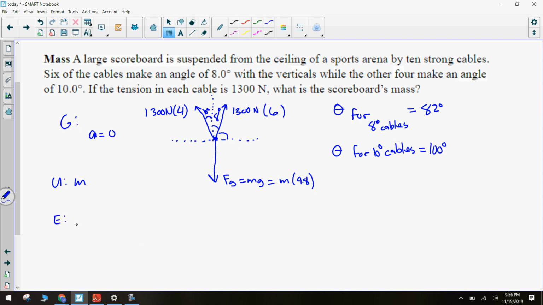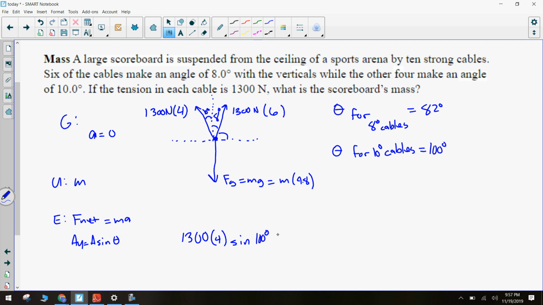Our equation is going to be F net is equal to ma. And what we have going up, we have 1,300. Sorry. I should probably give you the equation: Fy is equal to F sine theta. That's how we get a y component of the force. So we got 1,300 times 4 sine, so we're doing these, 100 degrees.